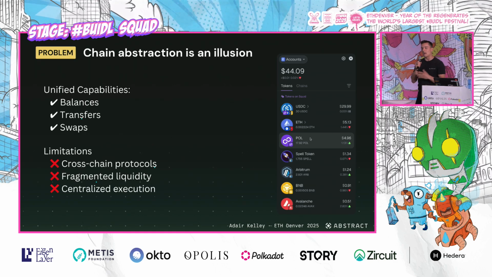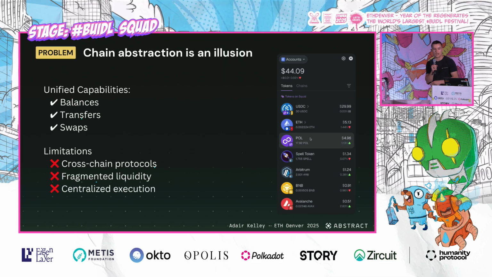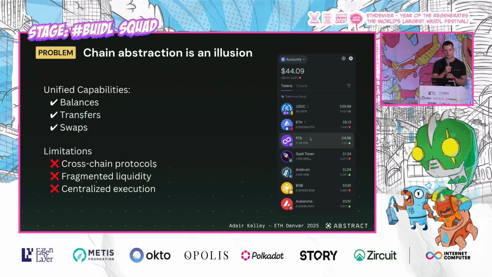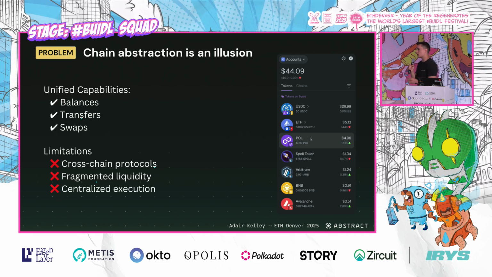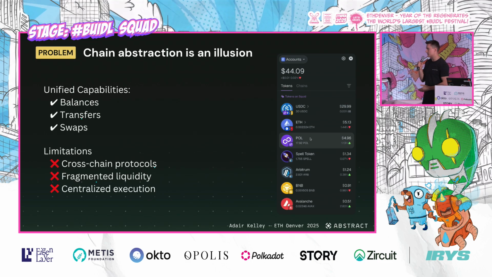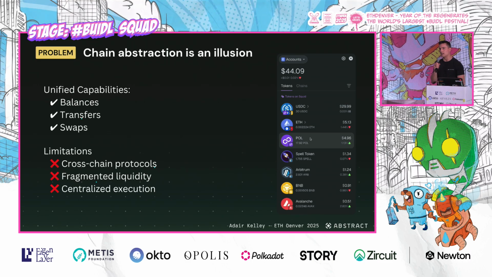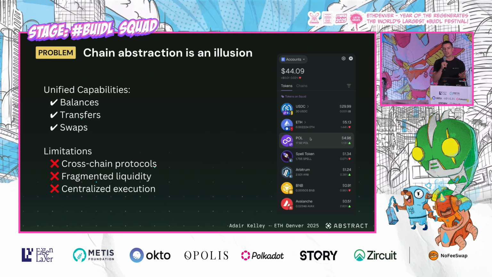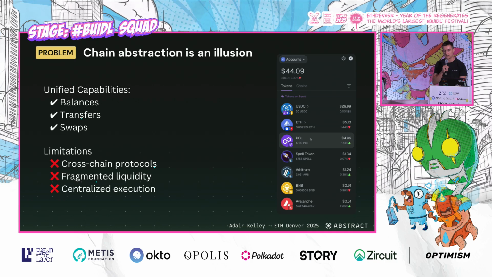And in the past year, we've seen a number of chain abstraction solutions like Particle Network and OneBalance and all of these wallets that unify this experience. However, it comes with quite a few limitations. If you try to use these unified balances to build cross-chain protocols, you end up with fragmented liquidity and the harsh reality that these chain abstraction solutions centralize the execution of your actions on-chain.